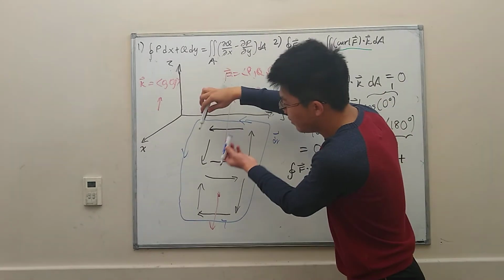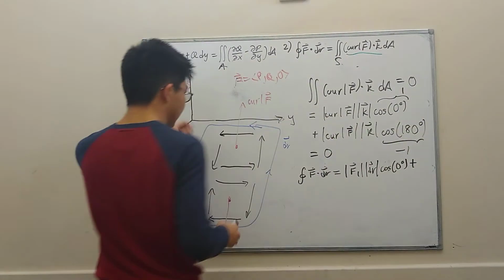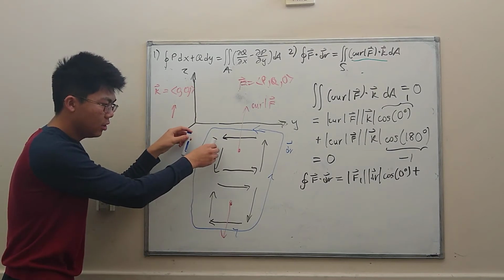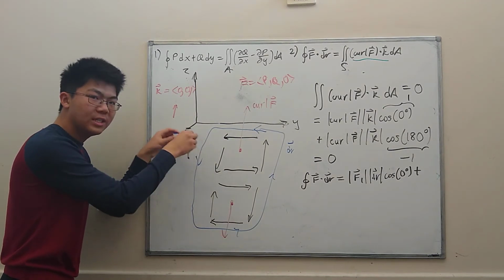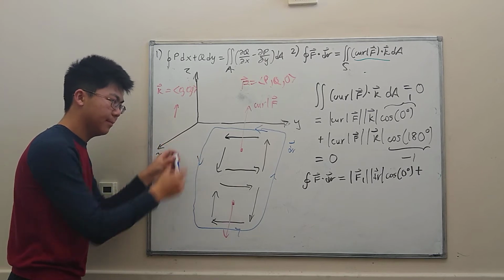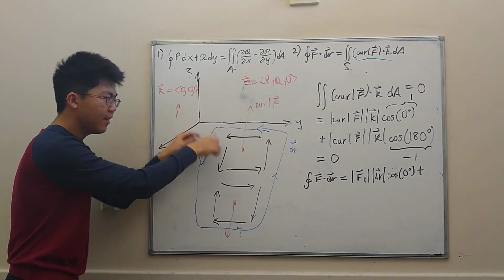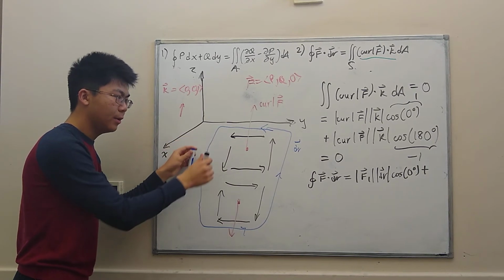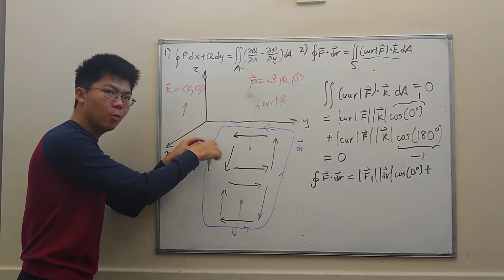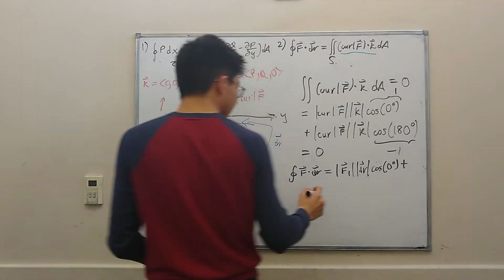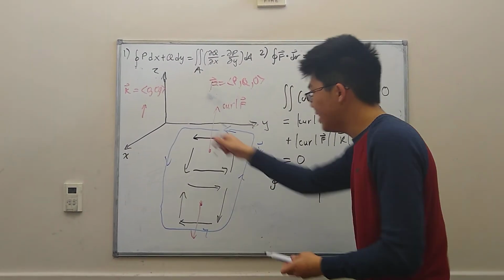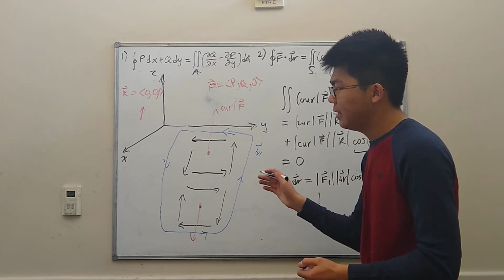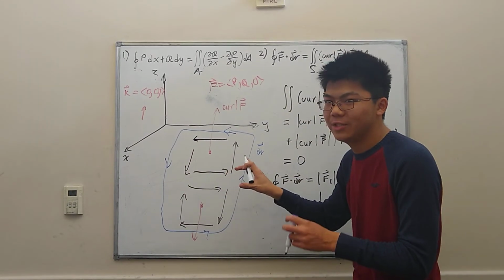Now, we go down this way. Your dr vector is pointing this way. Your field vector is pointing, again, also pointing downward. That means this value is positive right here. So, when it points downward, for this segment in space, actually, let me just focus on individual segments right here.